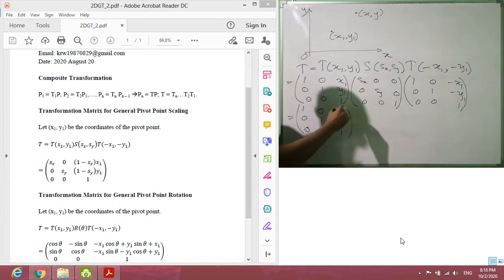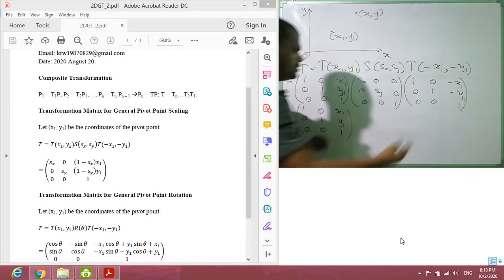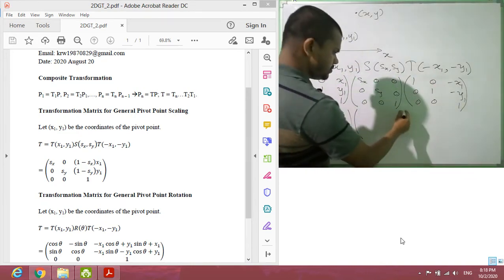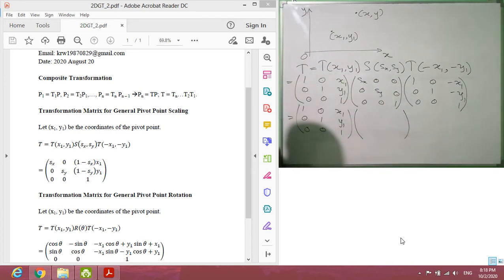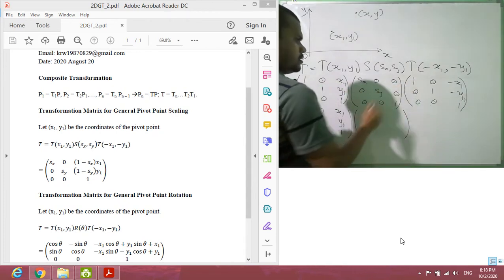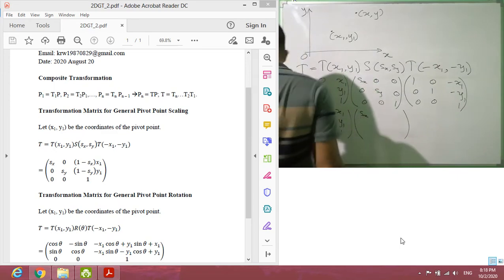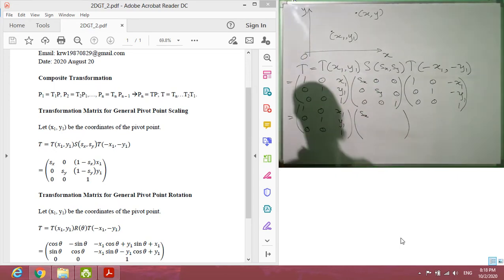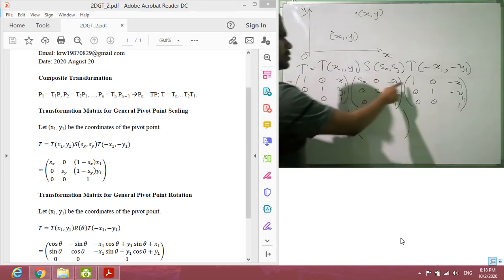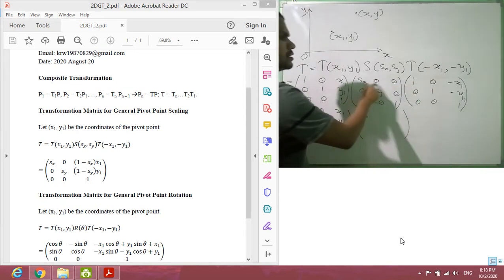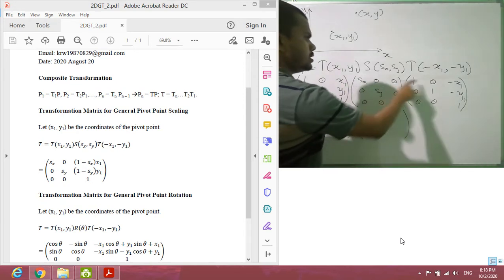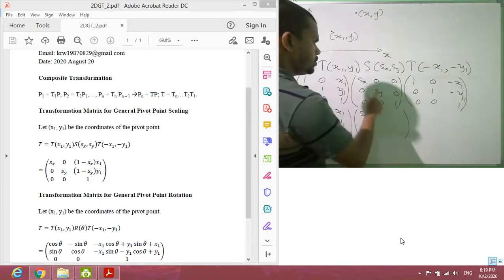Now let's multiply these matrices and put the result here. This one is Sx into 1, Sx 0 0, this one 0 0 0.